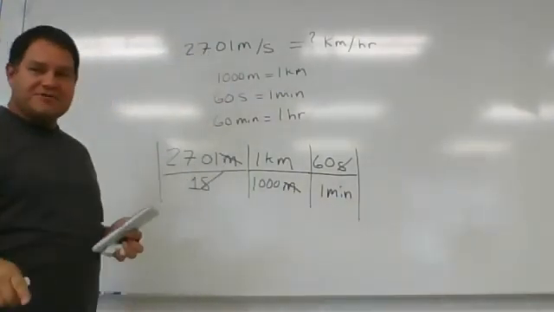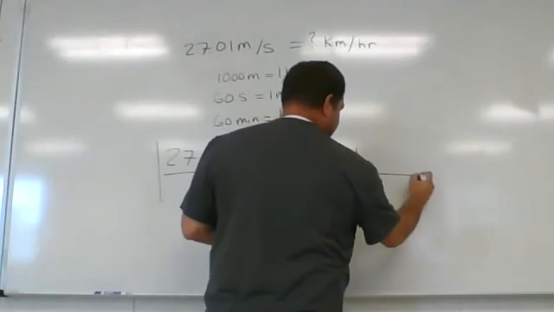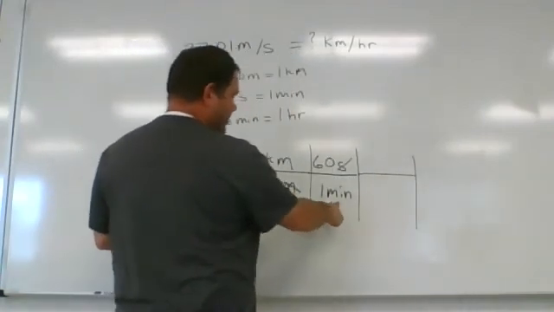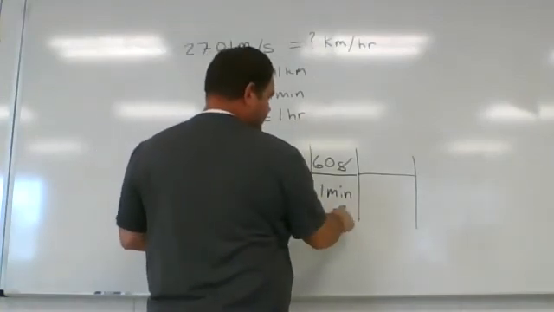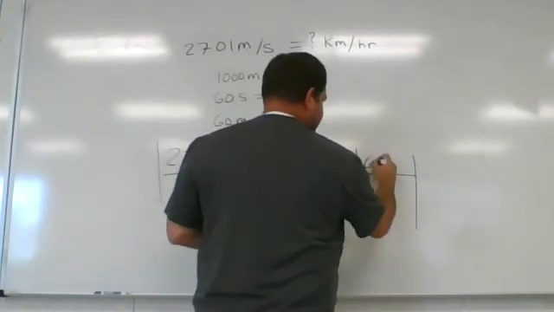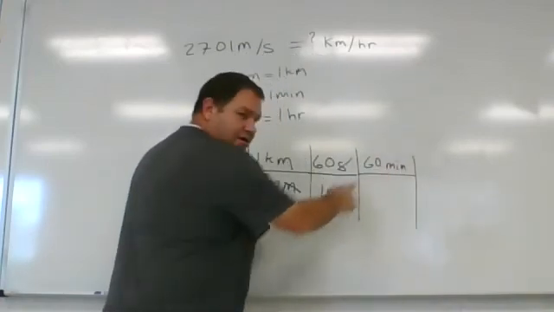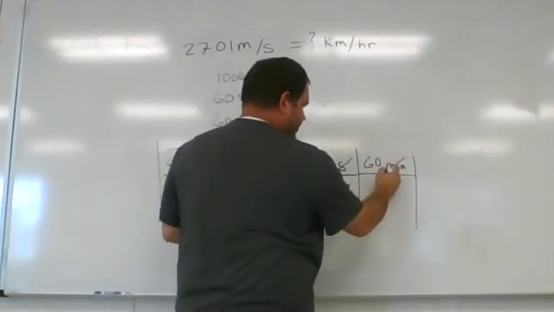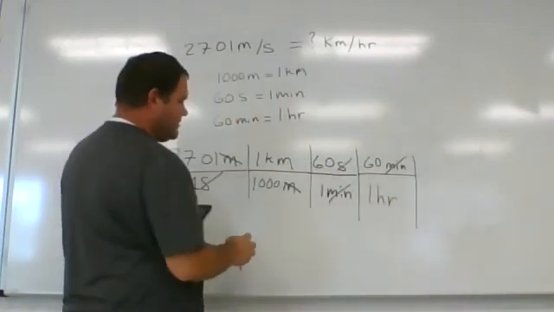But I don't want kilometers per minute, I want kilometers per hour. So I'm going to actually have to add a whole other bracket here, okay? Now, since I want to get rid of minutes to go to hours, my minutes are on the bottom here, so I'm going to put 60 minutes on top so that these two are diagonal of one another, so they eliminate one another. And then I'm going to put my 1 hour on the bottom. Now, look what's happened here.